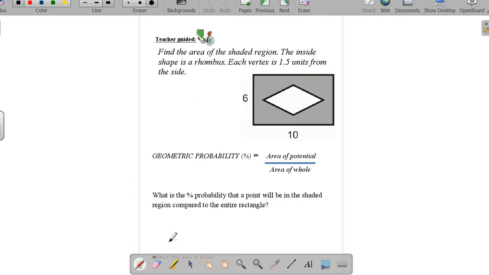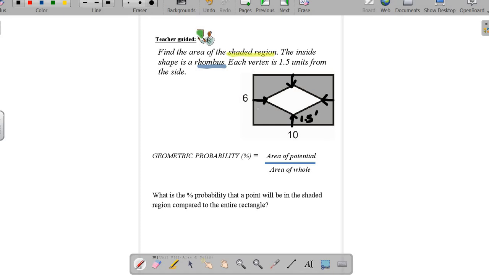Find the area of the shaded region. The inside shape is a rhombus. Each vertex is 1.5 inches from the side. So 1.5 inches, we go like this, 1.5 inches all the way around.